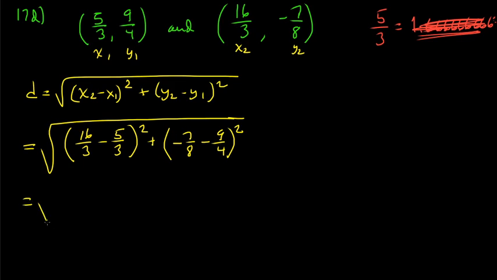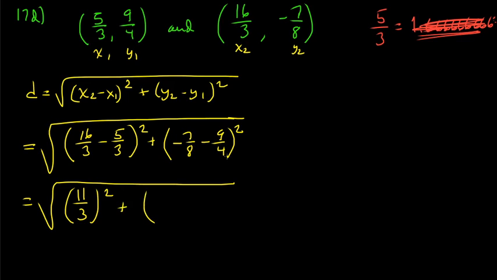All right. Well, this worked out pretty nicely because here the 3's is our common denominator. So it's just 16 minus 5. 16 minus 5 is 11. Right? Now, 7 over 8 and 9 over 4, we don't have a common denominator there.